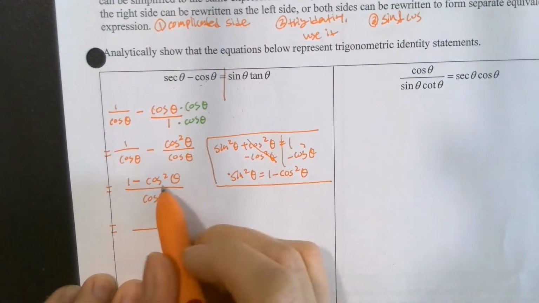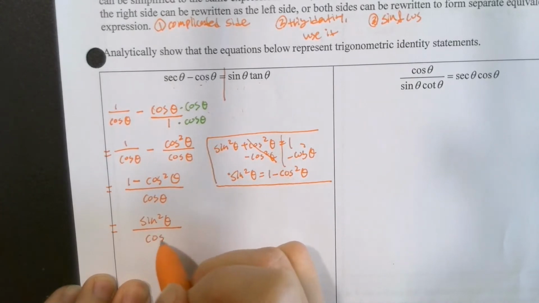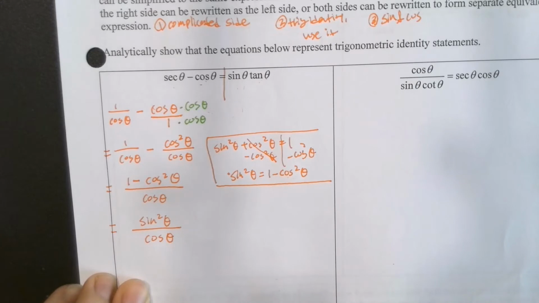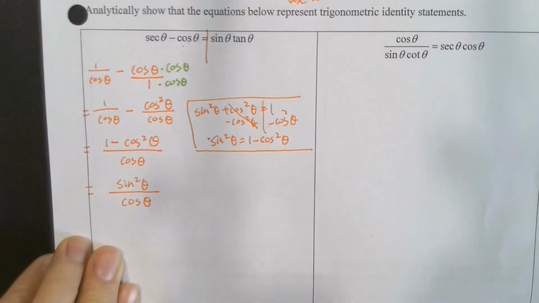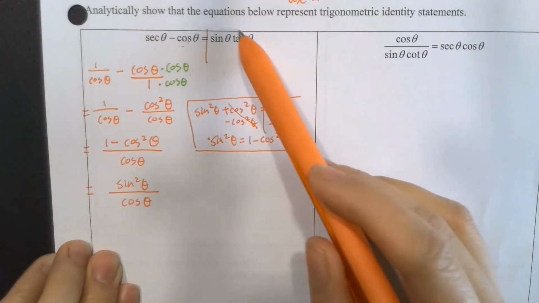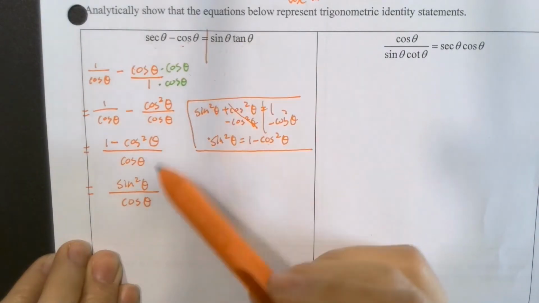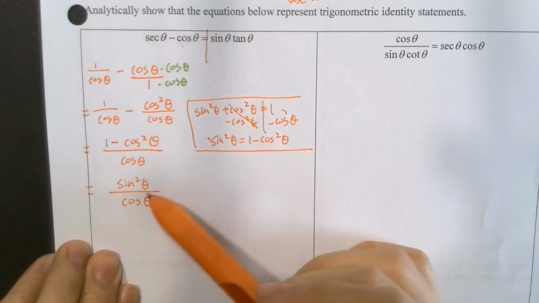Look over here. So instead of that, I'm writing sine squared theta over cosine theta. Everyone good so far? Okay, and then you're like, well, that still doesn't help me, Miss Major, because I need to go from here to here. That is our destination. I need to get to sine and tangent. What am I going to do? Well, that's where you need to just stop and think a little bit.